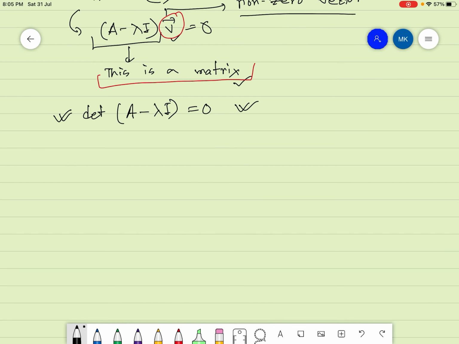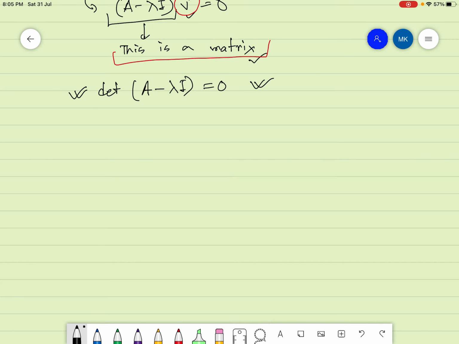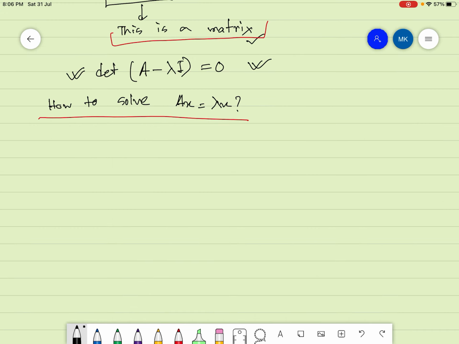Okay, so let's find out the method of calculation to find lambda and x, right? So how to solve Ax equals lambda x? Rewriting the equation, we had (A minus lambda I) x equals 0.